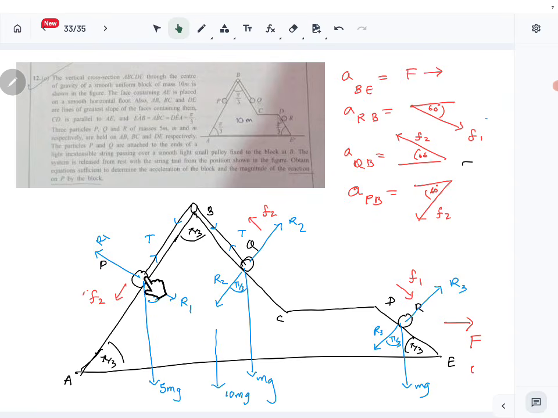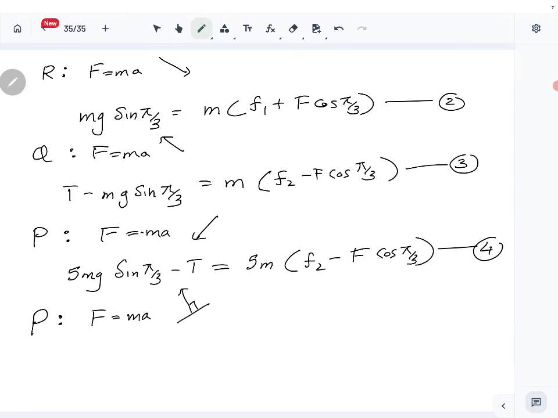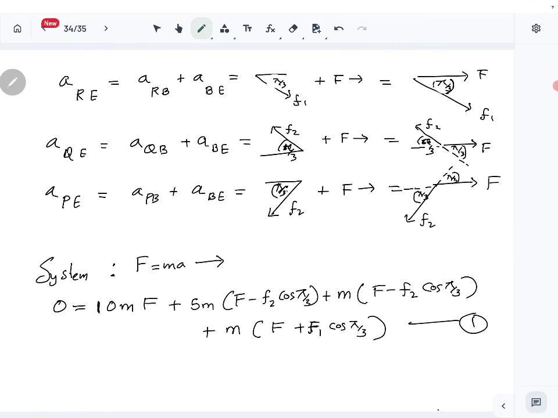So I am taking perpendicular to the plane up as positive. So R1 minus 5mg cos pi over 3 equal to 5m times the acceleration perpendicular to the plane of particle P.